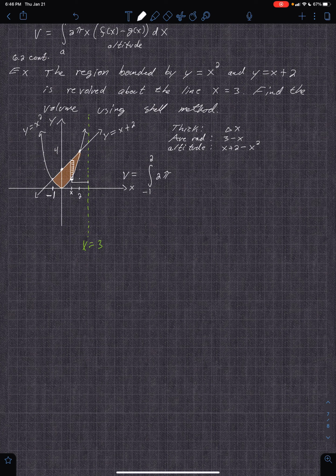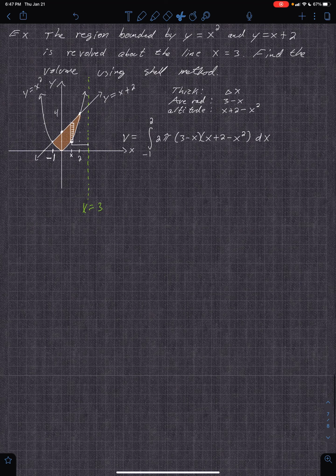Then it's the average radius, which is 3 minus x, times the altitude, or the height, which is x plus 2 minus x squared dx. So work that out and simplify it and see what you get.